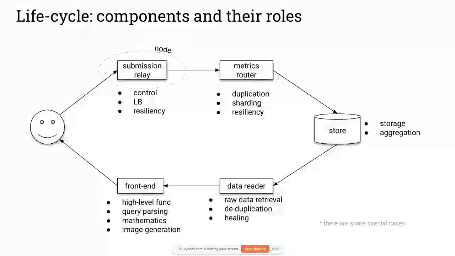Starting from the generic picture, an overall bird's-eye view, this is how our system looks. This is the full system end-to-end that we have for getting the metric data from our customers. It goes along the arrows, then storing it, and then serving it to the customers again.